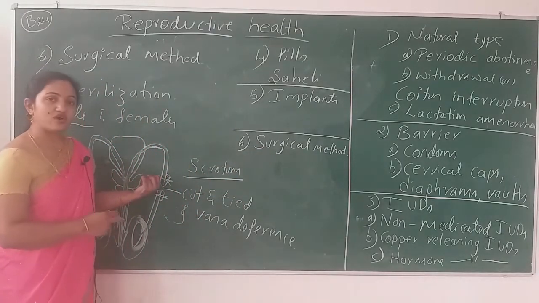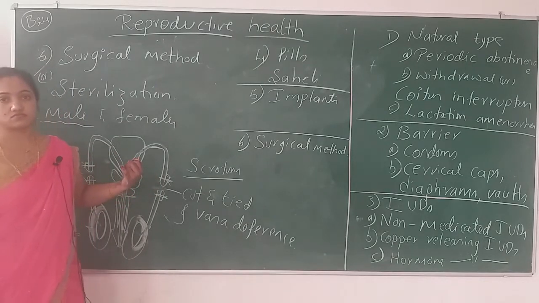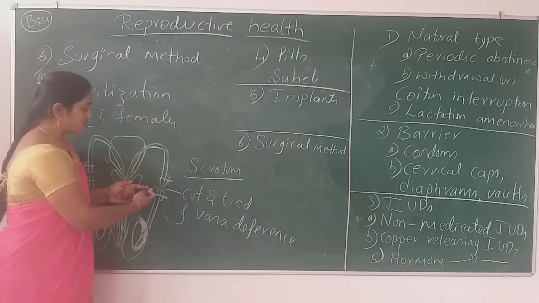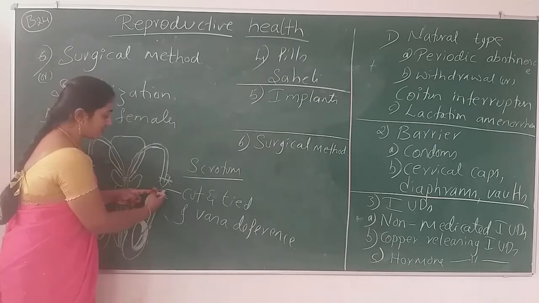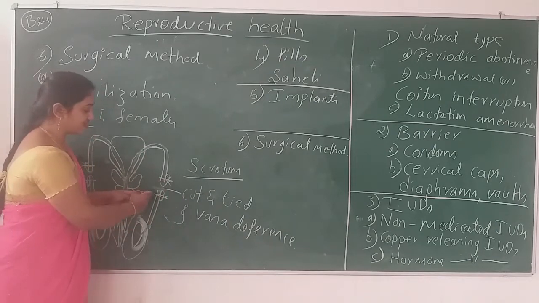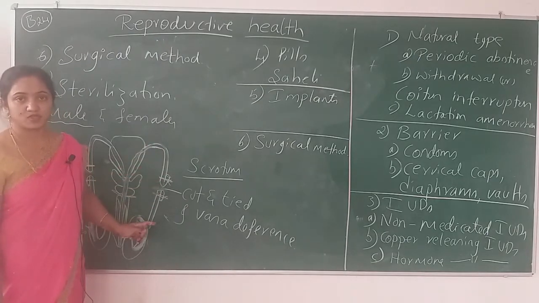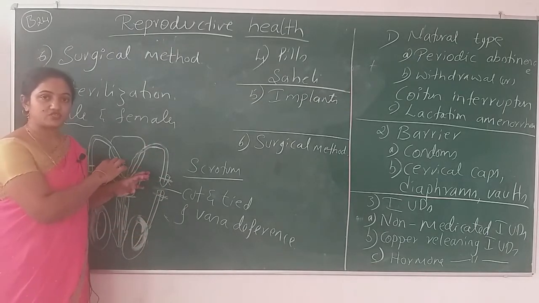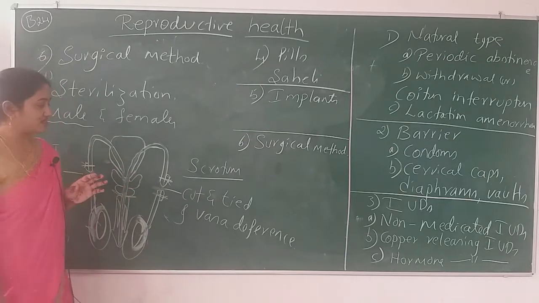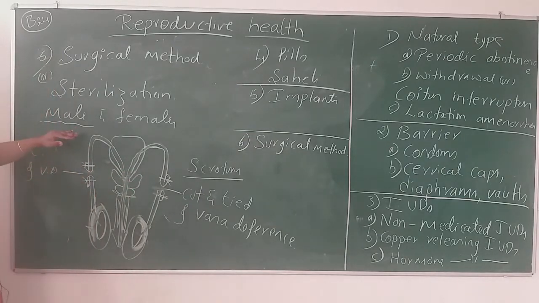That results in fertilization. So to avoid this, after cutting the vasa deferens, the doctors started tying this duct so that it shows a better result. Let me tell you one more thing.